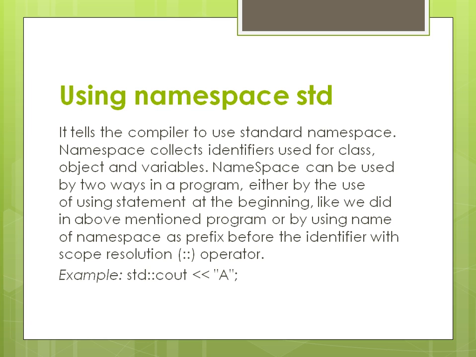But what happens in a namespace is, a namespace is a specific area, like if you have a complete book, that book has different chapters. Within these different chapters, your cout keyword is placed within the standard namespace, that is the std namespace.